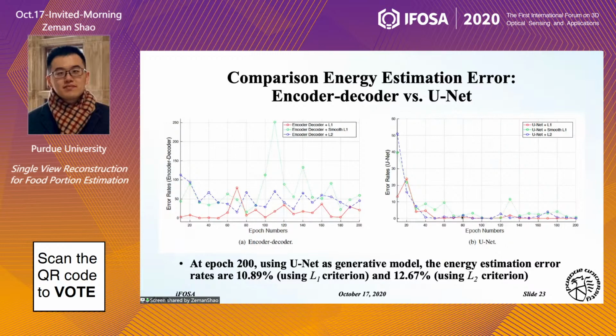We compare the energy estimation error using two different generative models, the encoder-decoder and the U-Net. At epoch 200, using the U-Net as the generative model, the energy estimation error rates are 10.89% with the L1 loss function and 12.67% with the L2 loss function.